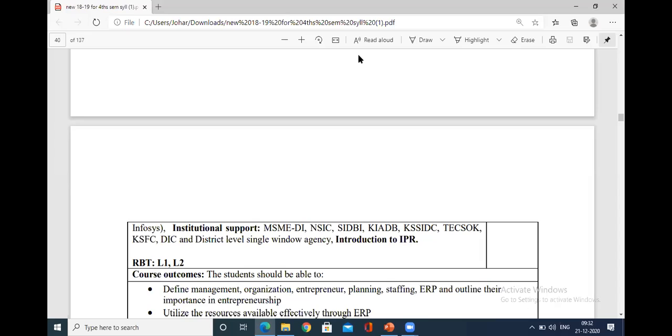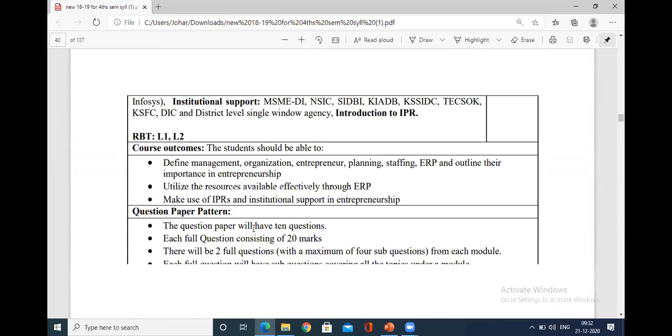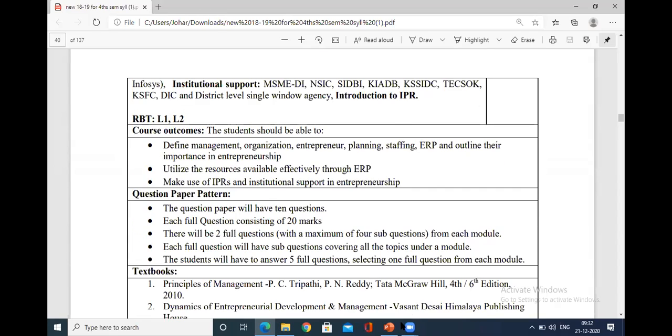For example, NSIC means National Small Industries Corporation, right? And the Small Industries Development Bank of India, right? As such, there are many things, so you have to go with that. That is the institutional support.